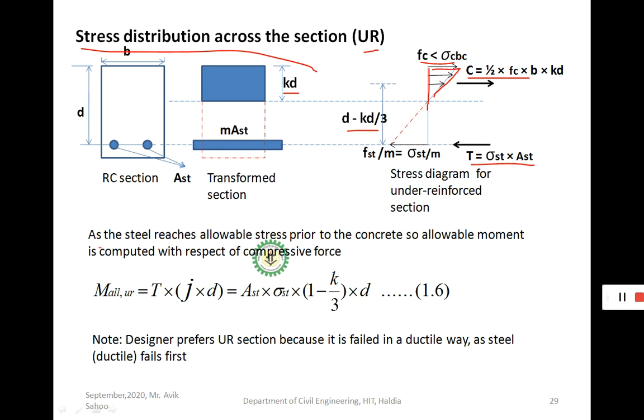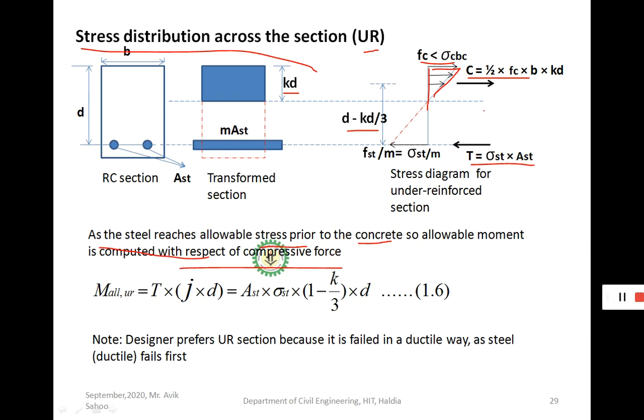Now as the steel reaches the allowable stress prior to the concrete, the allowable moment is computed with respect to the compressive force. One thing you should understand is that the allowable moment is calculated using the allowable stress. So here the steel area has to be considered, because the steel is reaching the allowable stress.